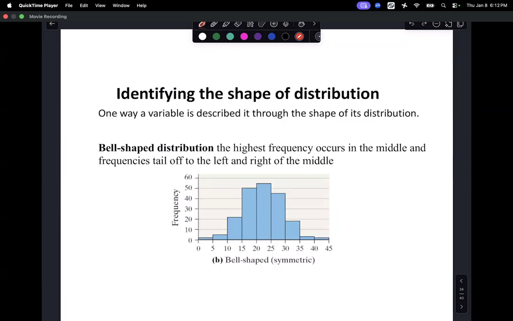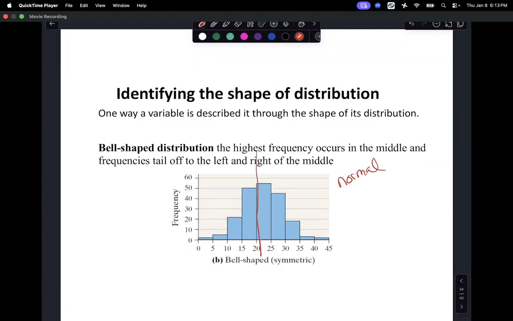Okay, moving on to the next one. This is bell-shaped or symmetric. It is also called normal. If I could draw a nice, pretty bell over top, the highest frequency is right in the middle. It tails off on both of the ends, so it's taller in the middle. This is not perfectly symmetrical.